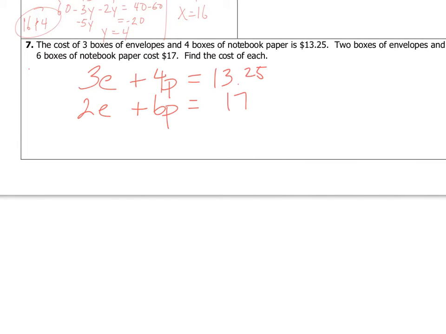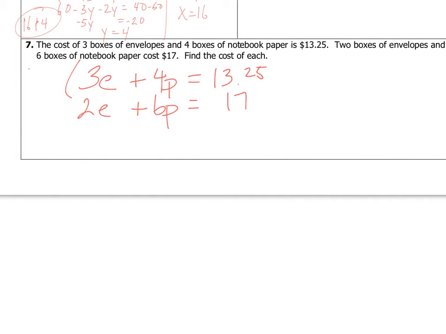All right, what do you want to do here? How do you want to solve it? What would you like to do? Makes no difference to me. I would say, let's just use substitution. No, let's not do that, because that's not going to be a great idea. Let's go elimination. Again, substitution will work. We're going to end up with some not great numbers, but at the end, everything will work out just fine.